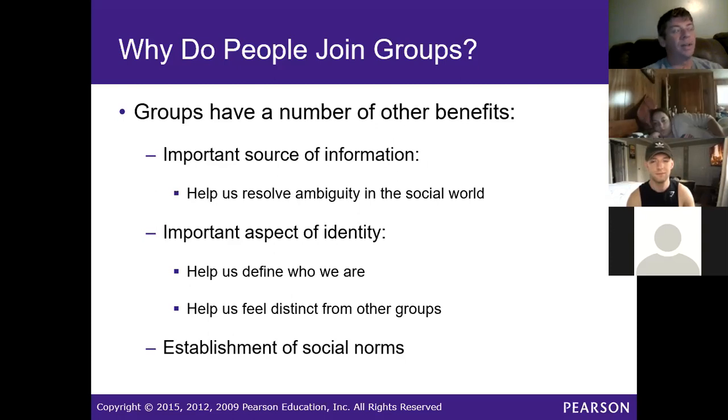It also helps us feel distinct from other groups, okay? As in a part of our identity that helps us label who we are. I am male. I am older. Okay, and groups also help establish social norms, right?